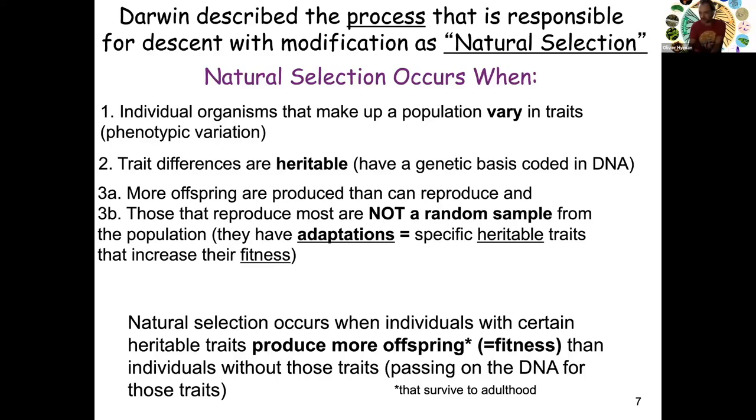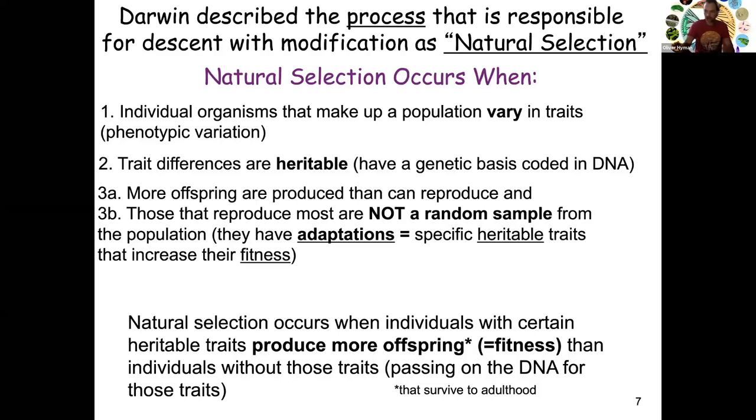When we talk about fitness in the context of evolution and natural selection, we're talking about the number of offspring that you produce and the number of those offspring that go on to reproduce themselves. So natural selection occurs when individuals with certain heritable traits or adaptations produce more offspring than individuals that don't have those traits or adaptations.